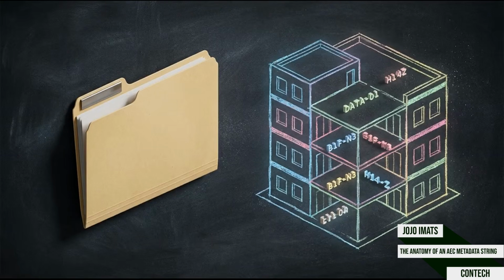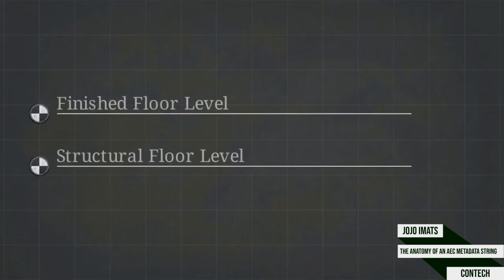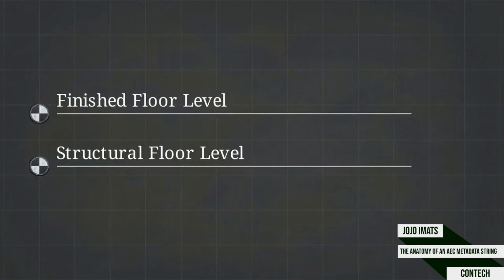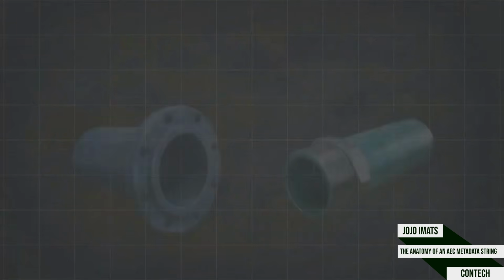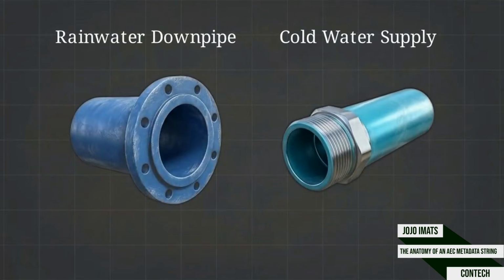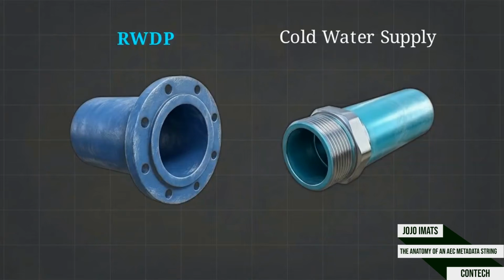The strict alphanumeric rules of the file name must carry over into the abbreviations used inside the model itself. This diagram shows mandatory standardized abbreviations for architectural datum points, such as FFL for finished floor level and SFL for structural floor level. The same applies to mechanical and plumbing systems, using terms like RWDP for rainwater downpipe and CWS for cold water supply.